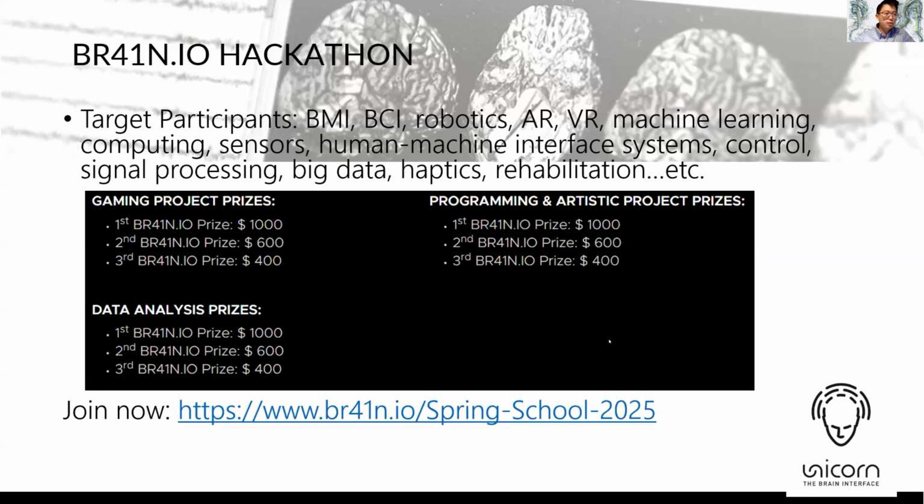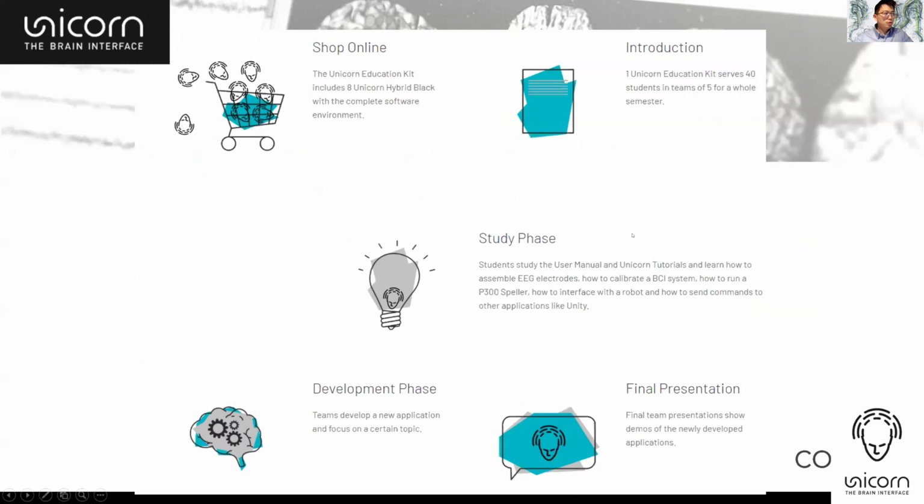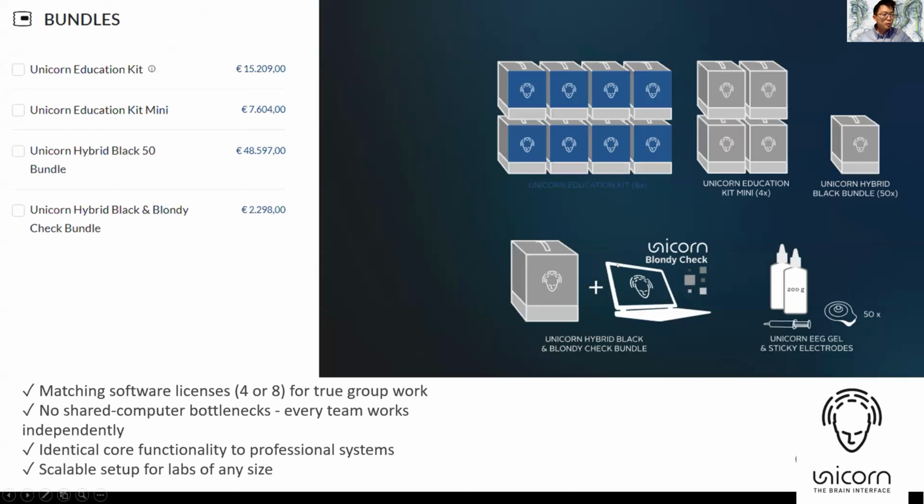Yeah, so as I mentioned, each of these Unicorn education kits comes with individual licenses. Say if you have the mini kit, it has 4 independent licenses, so you work independently on 4 different workstations. And the same thing for the 4 kit, it comes with 8 independent licenses.